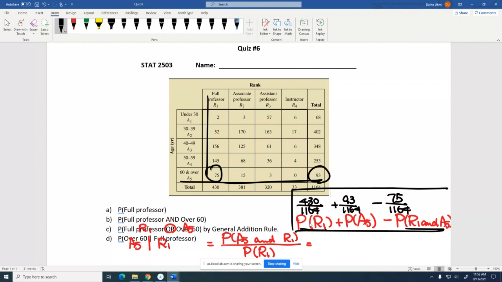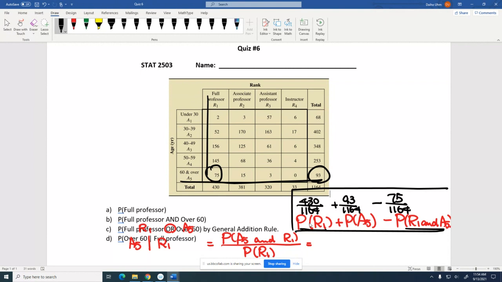On B, how much was the joint probability? That was 75 over 1164.